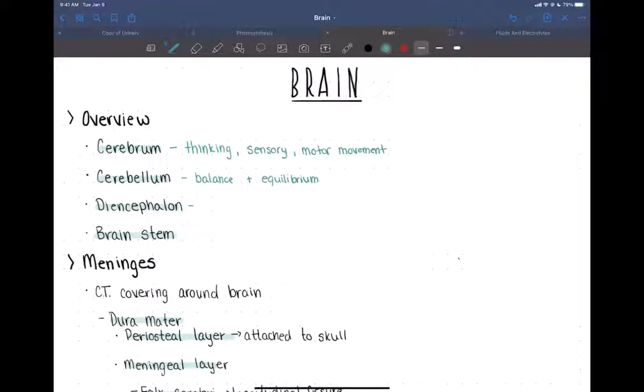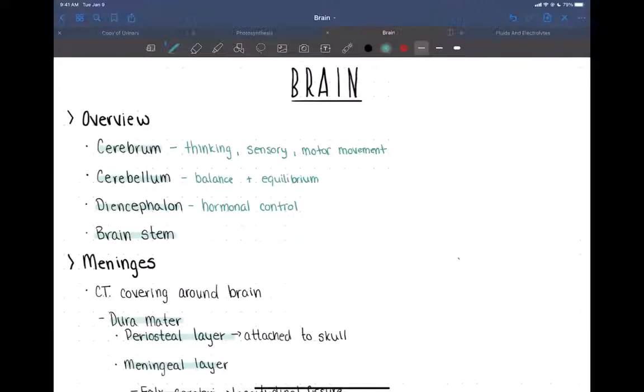A few things that the diencephalon does: it's involved in hormonal control. Part of the diencephalon controls one of your major endocrine structures, which is the pituitary gland.